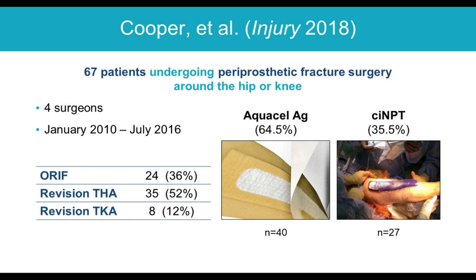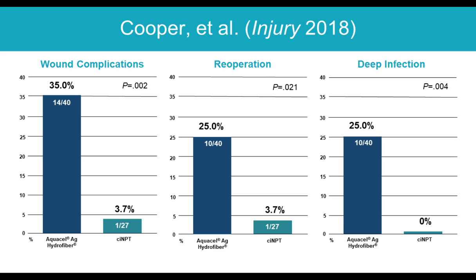So I got together with 3 of my colleagues who also treated periprosthetic fractures. Over a 6-year period, all 4 of us switched from the dressing on the left to the dressing on the right. So we looked back at our collective experience treating these patients, and what we found were tremendous improvements in our wound complication rate, reoperation rate, and deep infection rate when we switched to these negative pressure dressings.